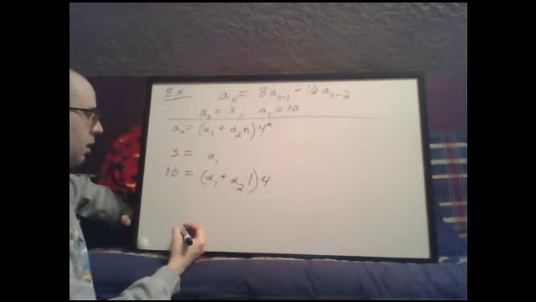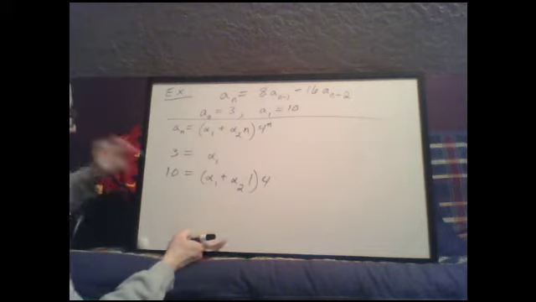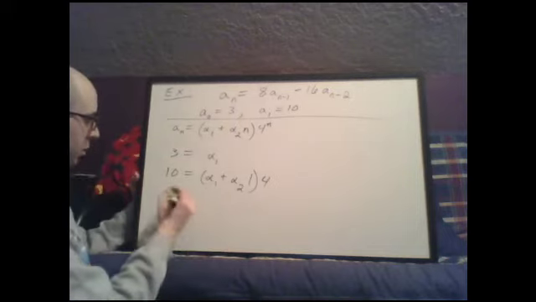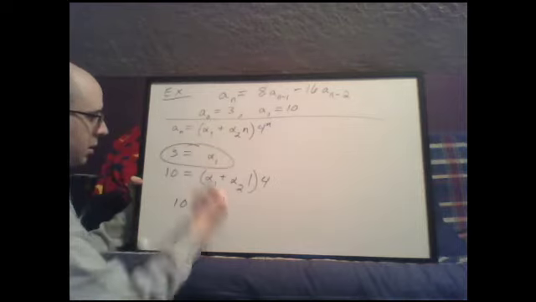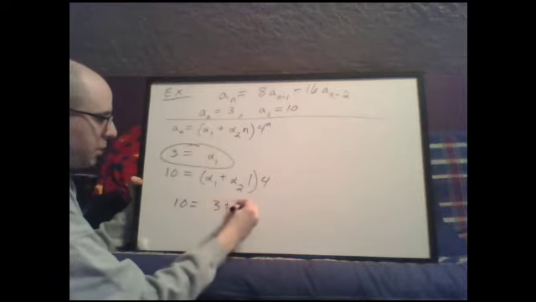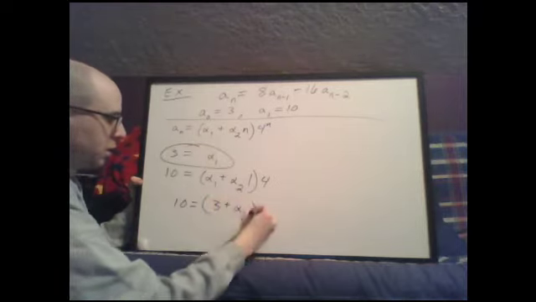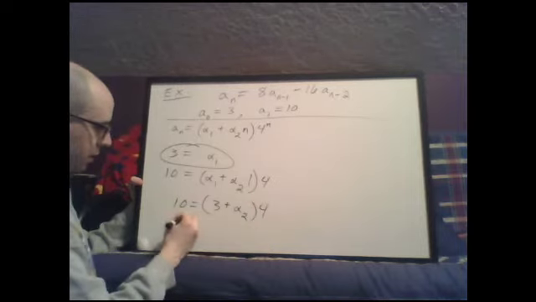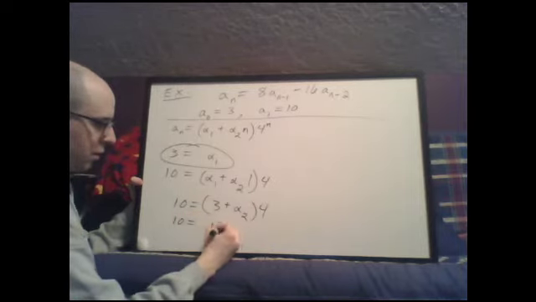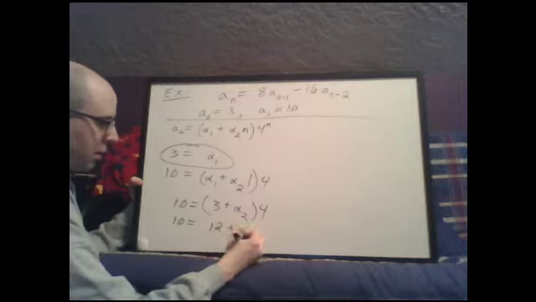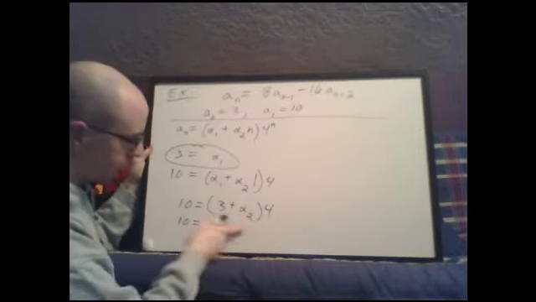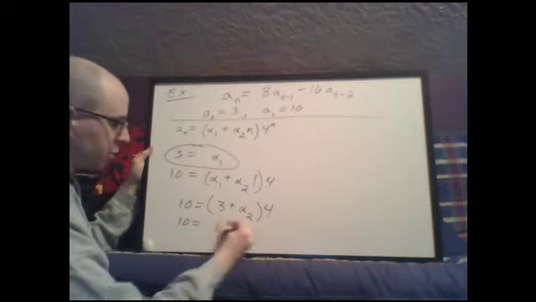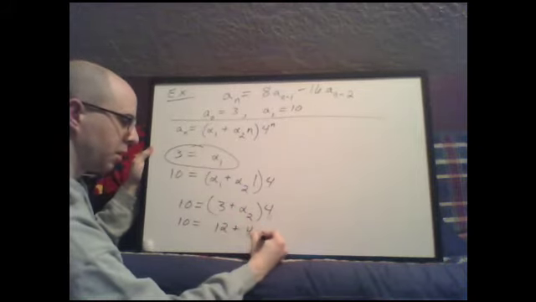So we know alpha 1 is 3. So we got actually 10 equals 3 plus alpha 2 times 4. Sorry, 10 equals 12 plus 4 alpha 2.